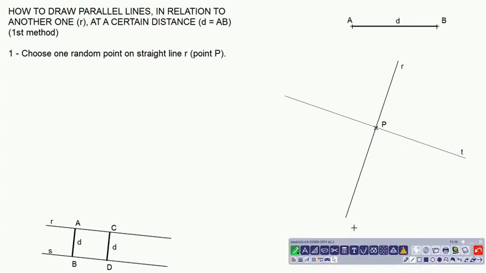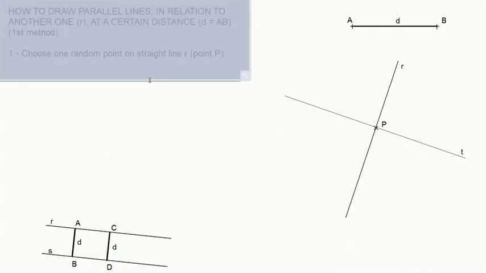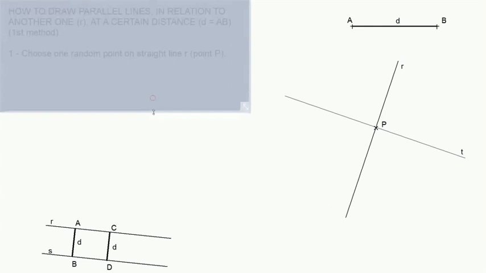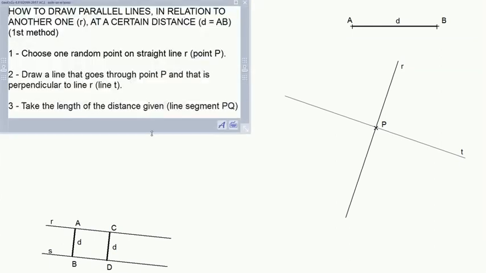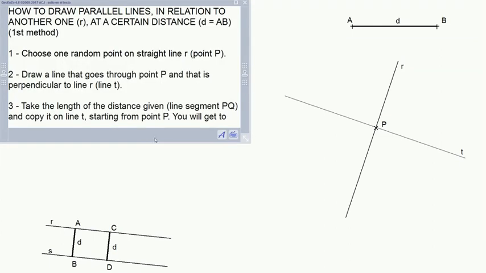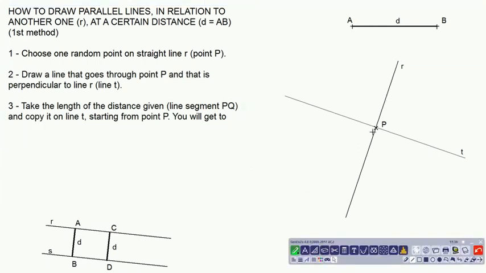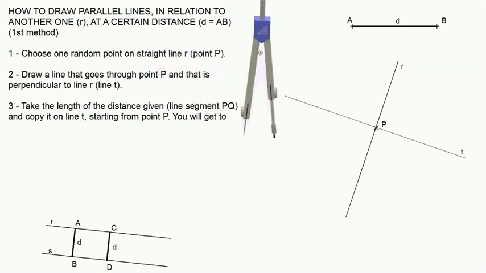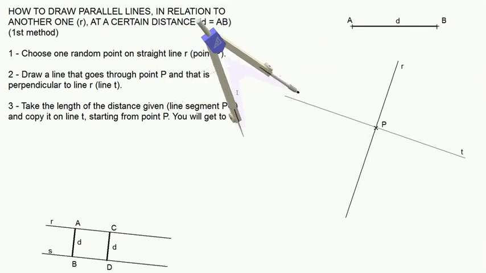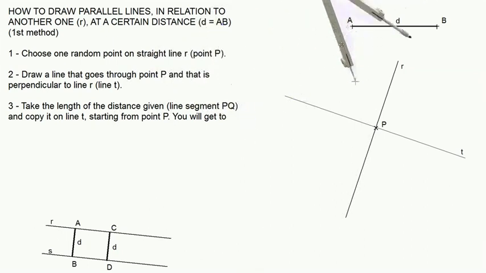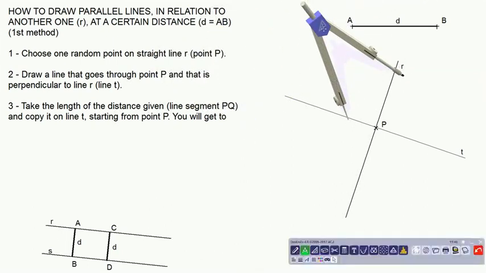Now, the next step would be to take the distance of the segment AB we have from point P. Remember also that distances have to be always moved using a compass.